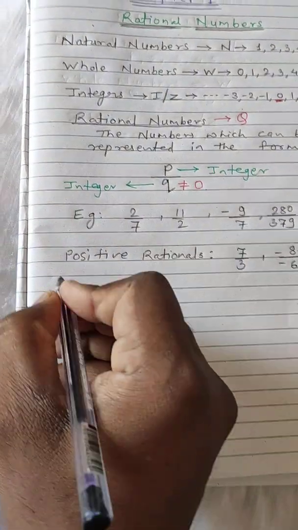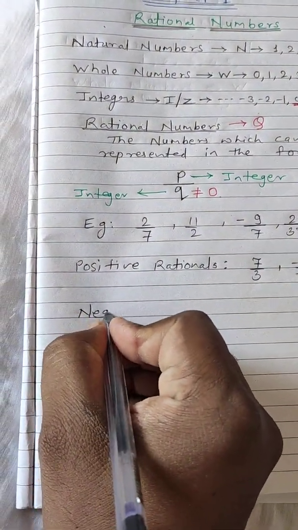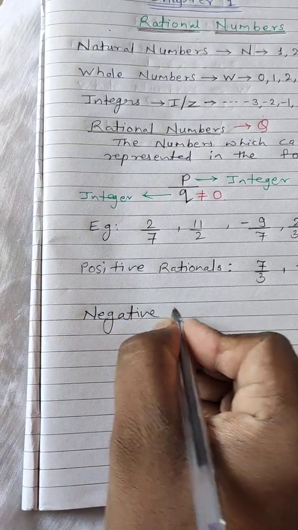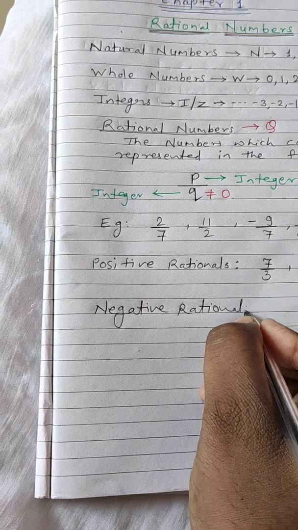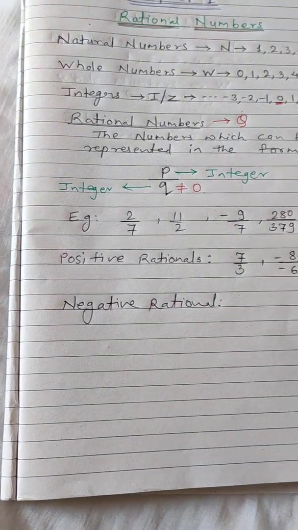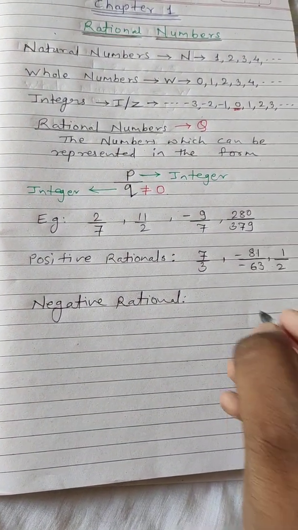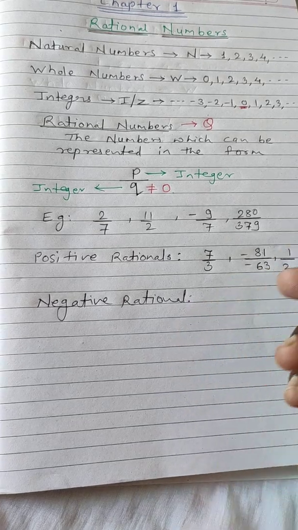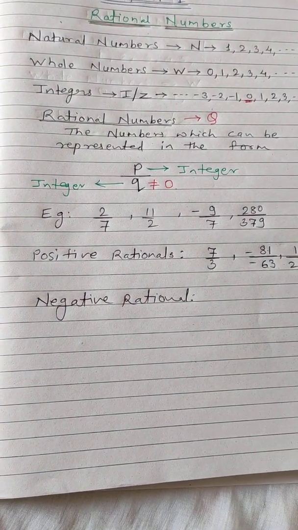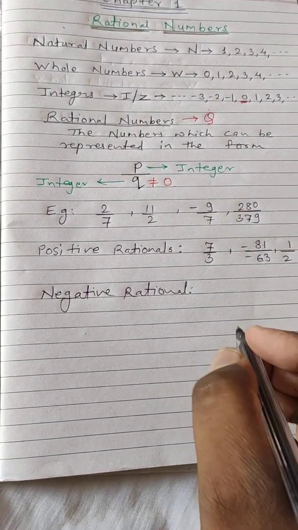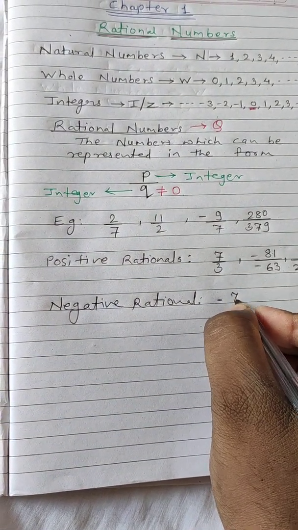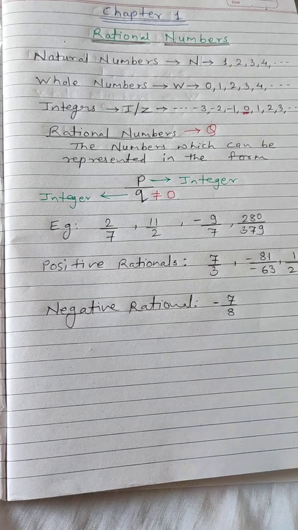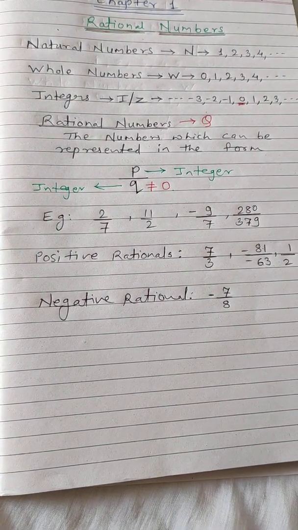Okay, similarly we have negative rationals, right? So negative rational means what? Either the numerator will be negative or the denominator will be negative. Means if I am writing minus 7 upon 8, this is a negative rational.